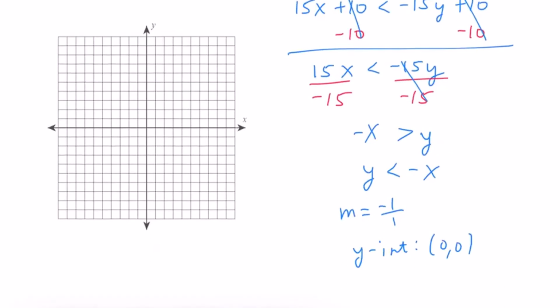So let's start with the y-intercept, 0, 0. The slope is negative 1 over 1, so rise over run, down 1 to the right 1, and we can do it as many times as we like.